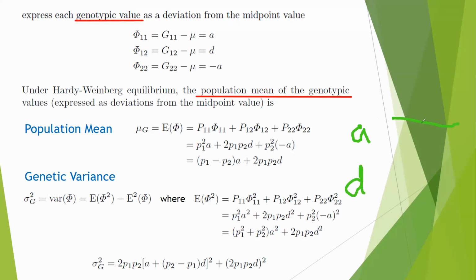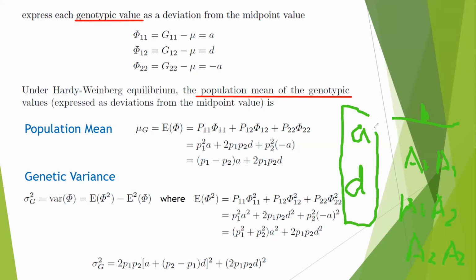Let's say a single locus here. This is an F2 population, right? We use this to represent the 3 genotypes of this locus. And we want to study the feature of these 2 effects within this population regarding this locus.